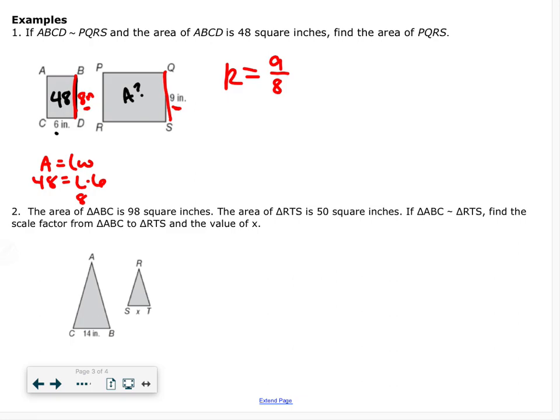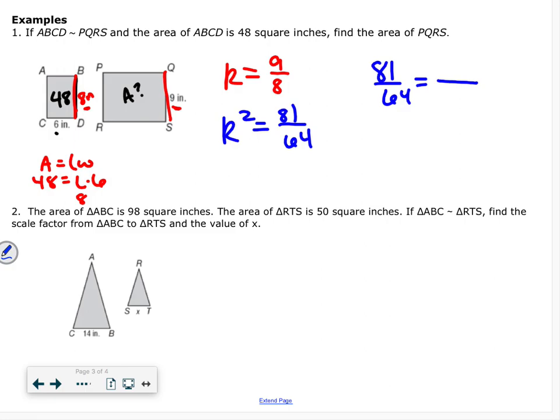If we're talking about area, we have to take our scale factor and square it. That's the key that some of us forget. We have to take the 9 and square it to get 81. We have to take the 8 and square it to get 64. So this is going to help us find the areas. So start with our scale factor squared, 81 over 64, and we're going to set up a proportion.